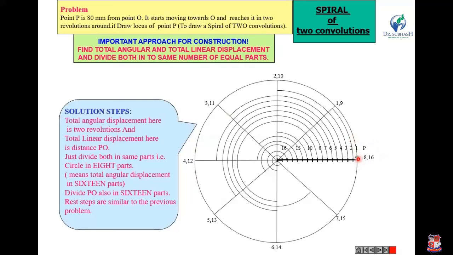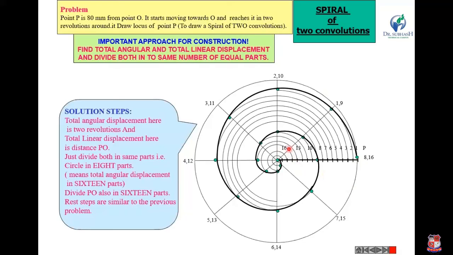So point P1 will be here, P2, P3, P4, P5, P6, P7, P8, P9, P10, P11, 12, 13, 14, 15, 16. Now join all these points by a smooth curve. It is known as the spiral of two convolutions. Different points are there here.